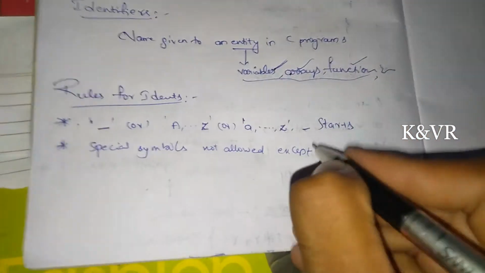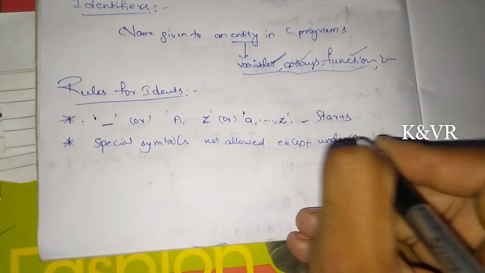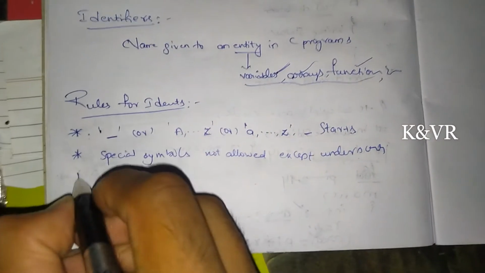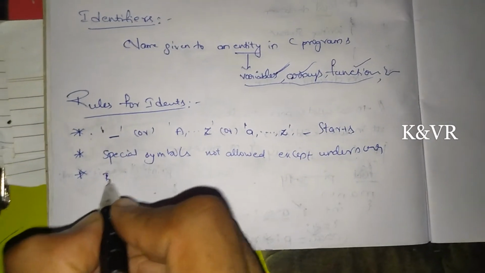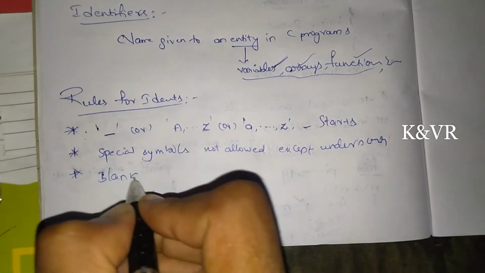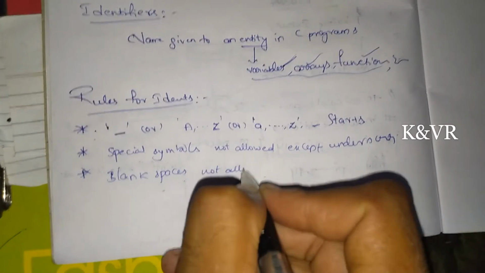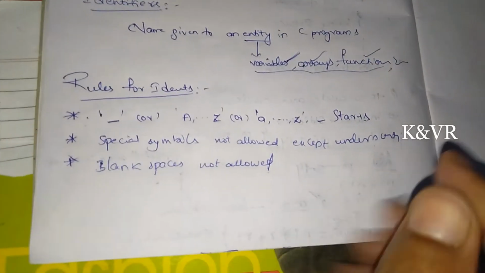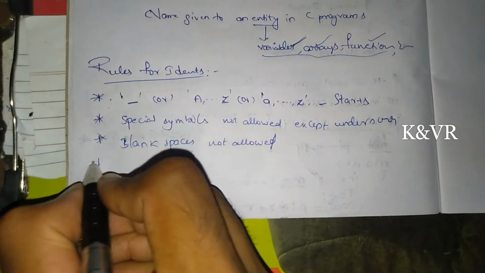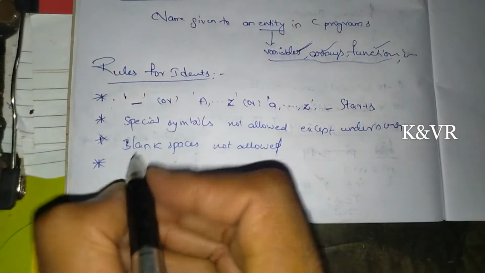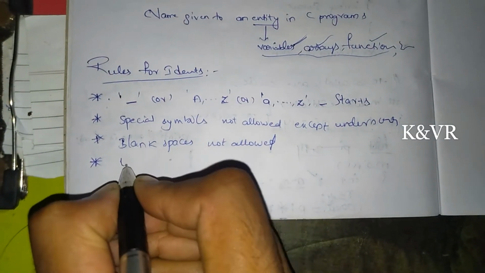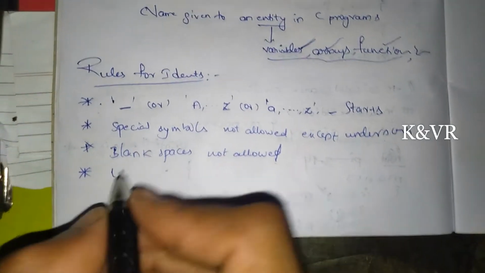Blank spaces are not allowed. And one more important thing, the length of an identifier should not exceed 31 characters.